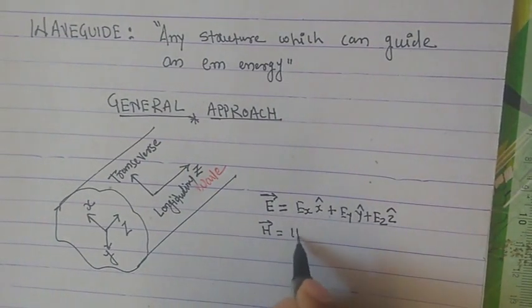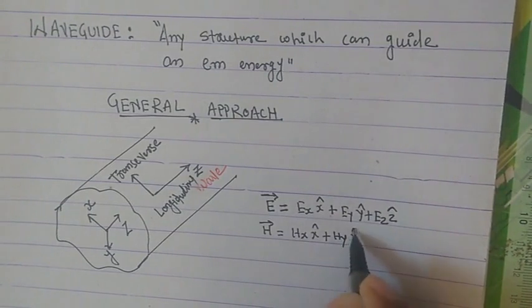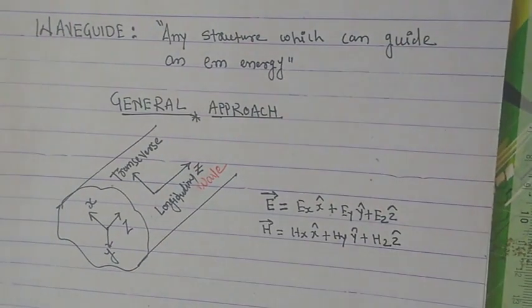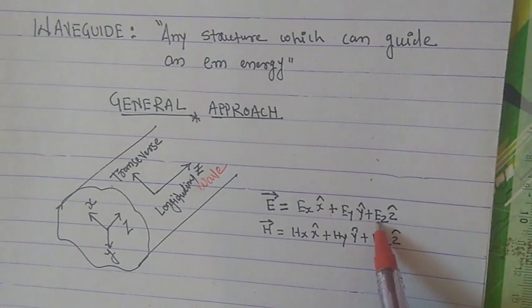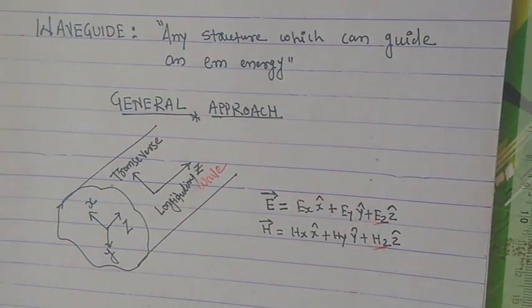Similarly, H can be resolved into its components in x, y, and z. Now, the direction of propagation is the z direction. So Ez and Hz are the longitudinal field components, whereas Ex, Ey and Hx, Hy are transverse field components.